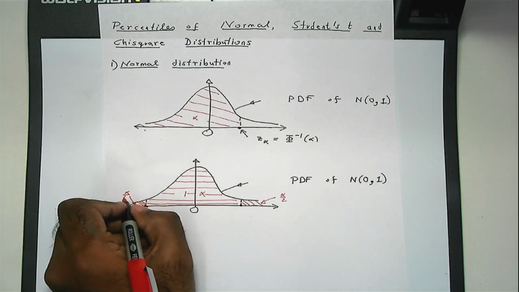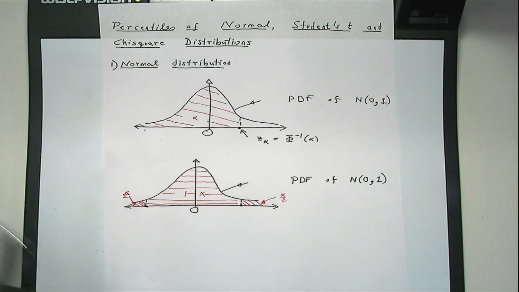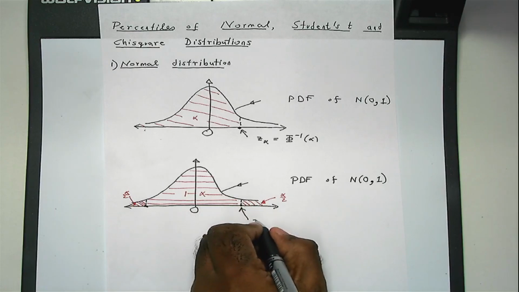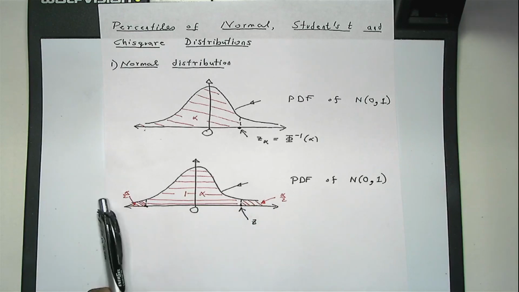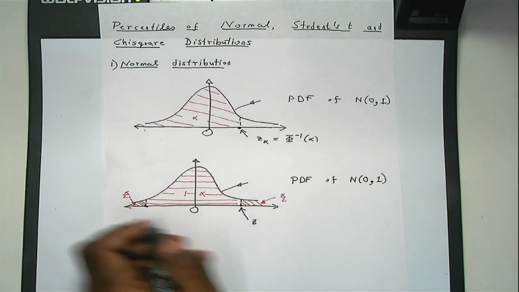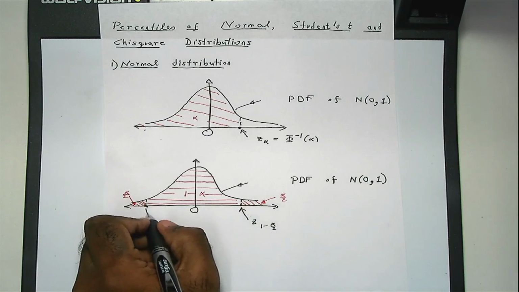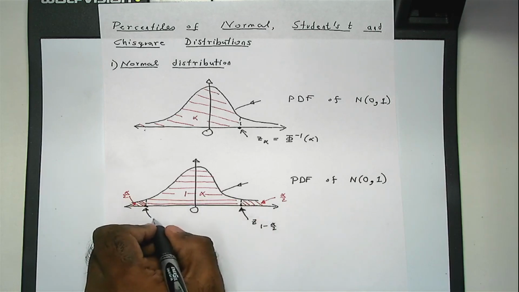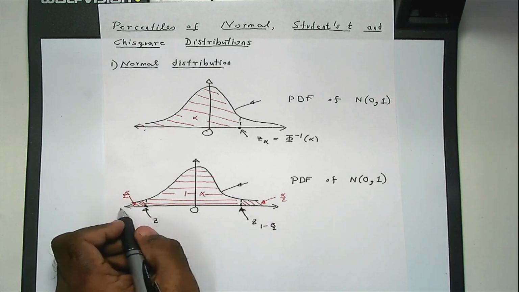Okay, so in this case, this point here will be z of the area to the left of this point, which is 1 minus alpha plus alpha by 2, which is 1 minus alpha by 2. And the notation for this point, okay, is z of the area to the left of it, which is alpha by 2.